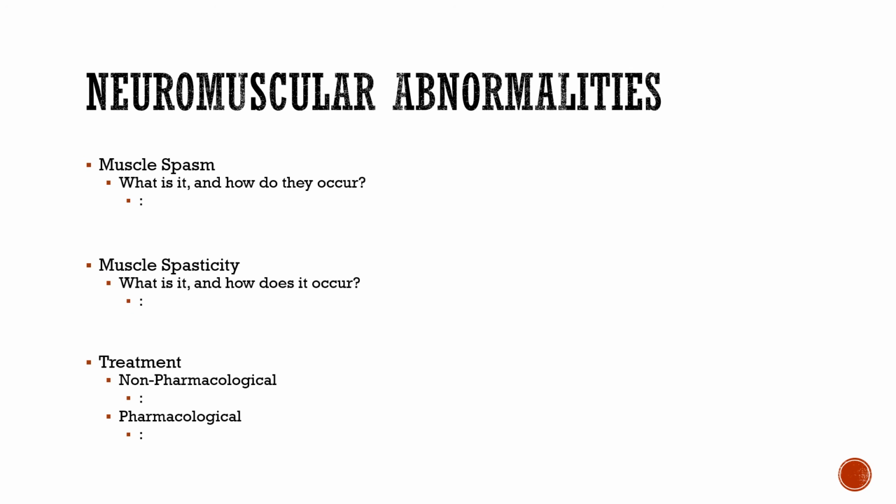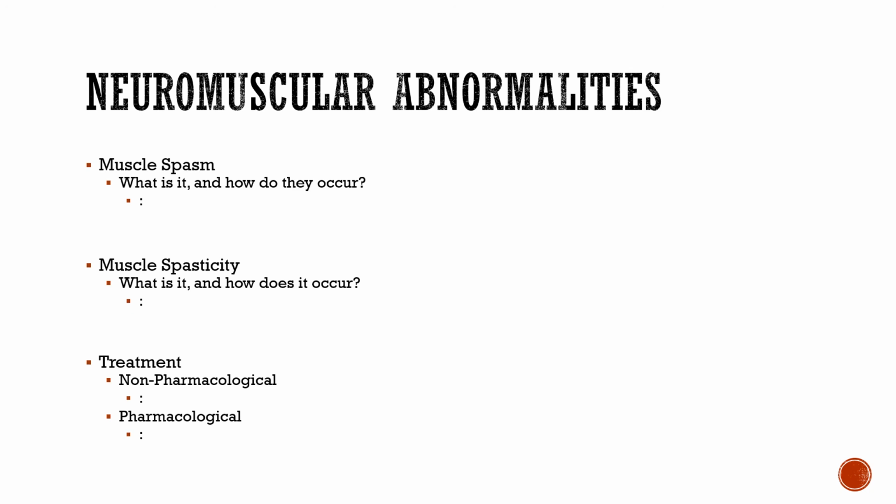As opposed to spasticity, that is a result of CNS damage, so central nervous system damage. It causes an excessive muscle response and activity. That can be due to direct injury, or due to multiple sclerosis, cerebral palsy, a stroke.